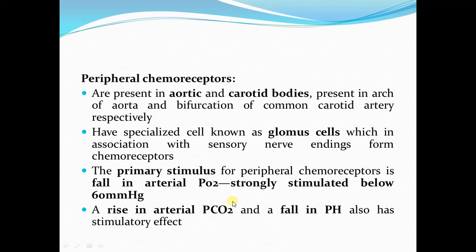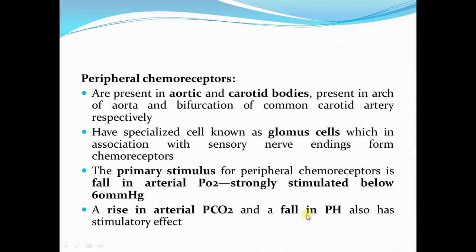So when the partial pressure of carbon dioxide is increased, it not only stimulates the central chemoreceptors, but also the peripheral chemoreceptors, while a fall in the pH of the arterial blood, or an increase in the hydrogen ion concentration, produces its effects on respiration through stimulation of peripheral chemoreceptors, because the arterial hydrogen ions cannot cross the blood-brain barrier, so they cannot enter the brain and stimulate the central chemoreceptors.